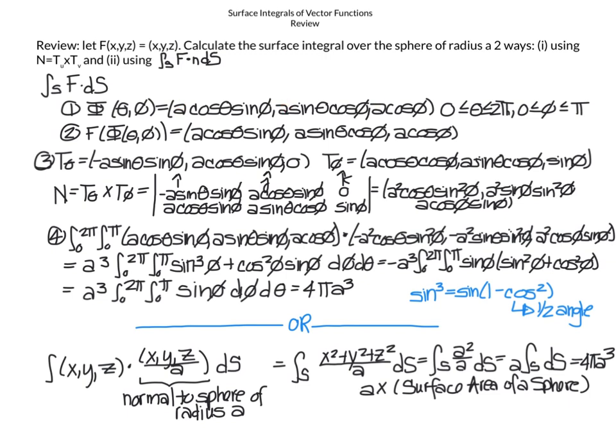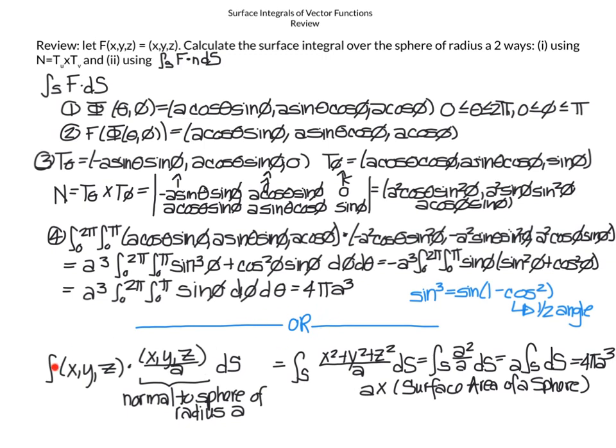We don't let it go from 0 to a because we only want the surface of the sphere. The second thing, when I was simplifying this dot product and I had this sine cubed, because I know it's a sphere, it's useful to factor out the sine of phi, and that way I can simplify this inside. If you did not see this, you can use this formula here, and then for the cosine squared, you can simplify it using the half angle formulas from trigonometry.